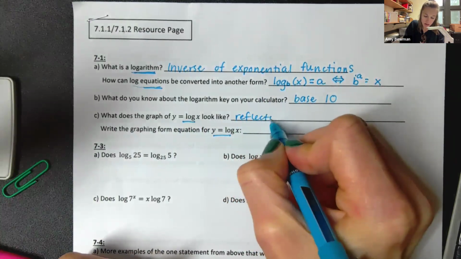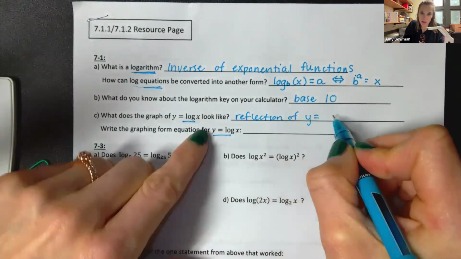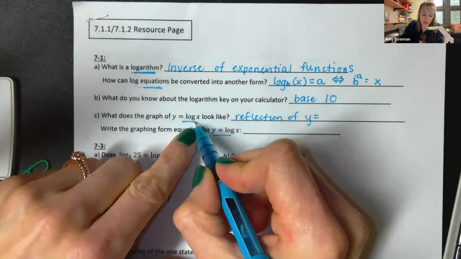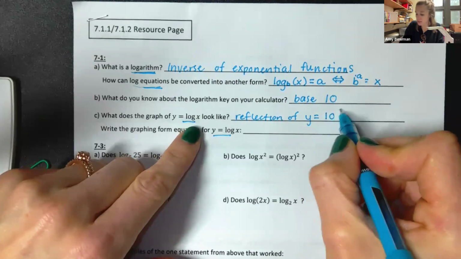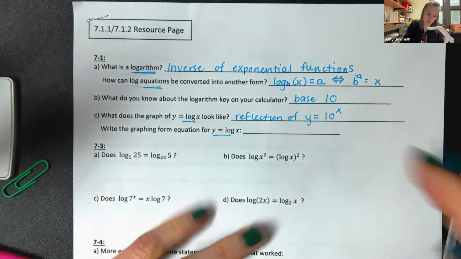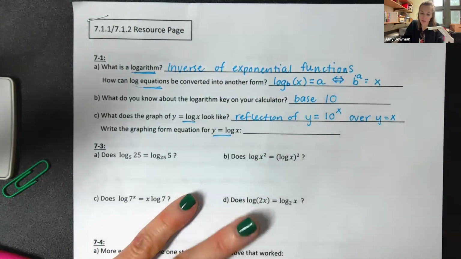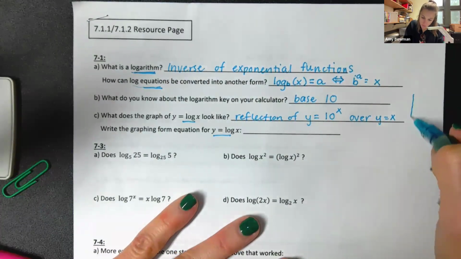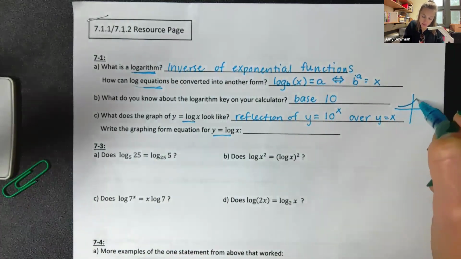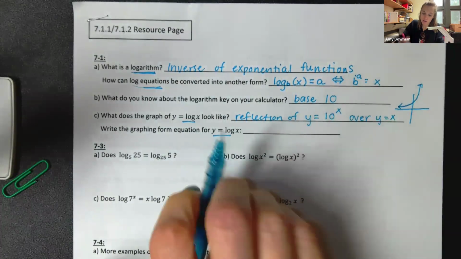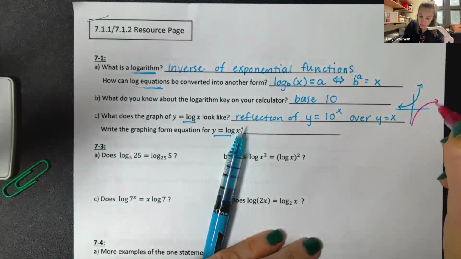If this is log base 10 of x, then its graph would look like the inverse of 10 raised to the x, reflected over the line y equals x. I'll draw it really quick. If this is 10 raised to the x, then log base 10 of x would look like that.